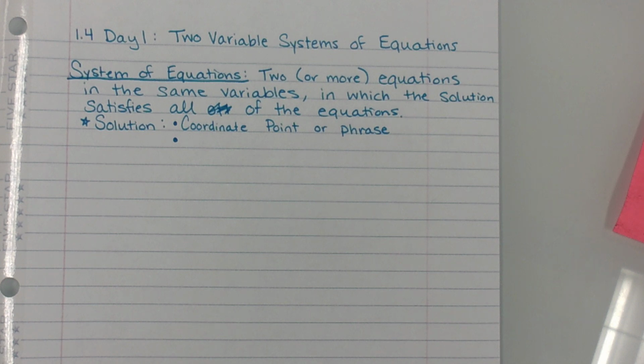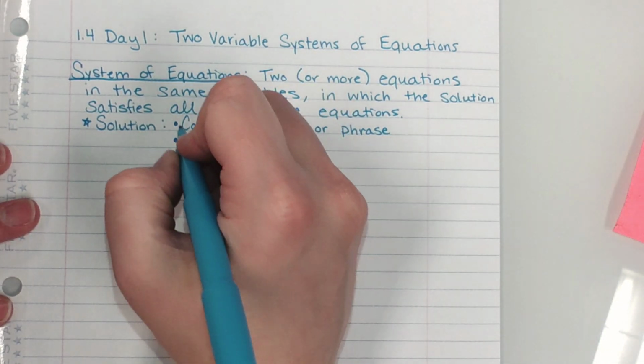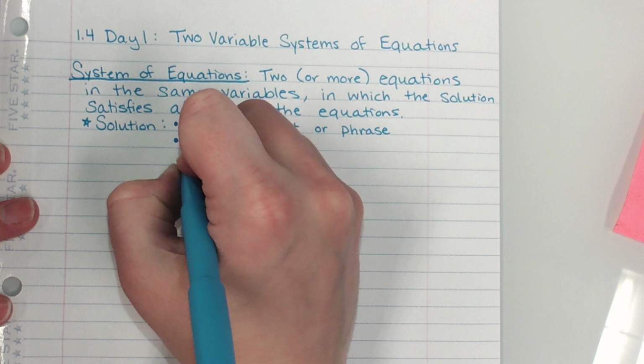Let's try a marker that works. That's better. And if one equation makes that line and the other equation makes that line, what coordinate point works on both lines? The one where they intersect. So, the solution to a system of equations is the graph's intersection.